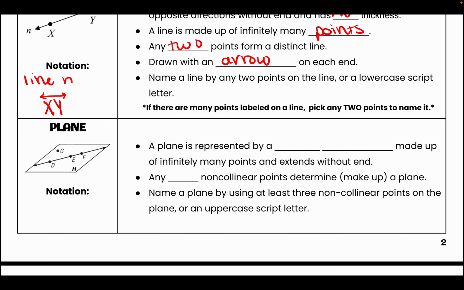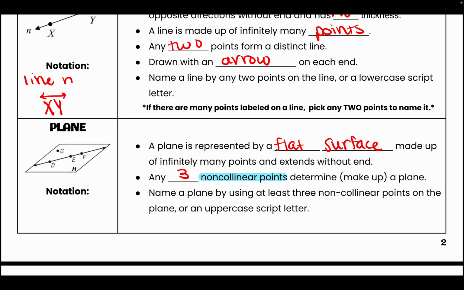Next, a plane. So a plane is represented by a flat surface, and it's made up of infinitely many points and extends without an end. So we need any 3 non-collinear points to determine a plane. So it needs to be non-collinear, okay? And then we name a plane by using at least 3 non-collinear points on the plane, or you can use the uppercase script letter.